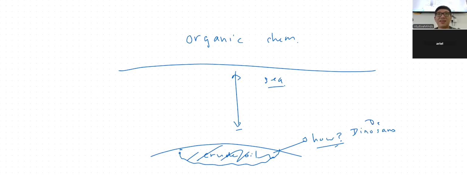Literally. This pen I'm holding is actually made from plastic, which is made from dead dinosaurs. Any plastic that you have around you is made from dead dinosaurs.